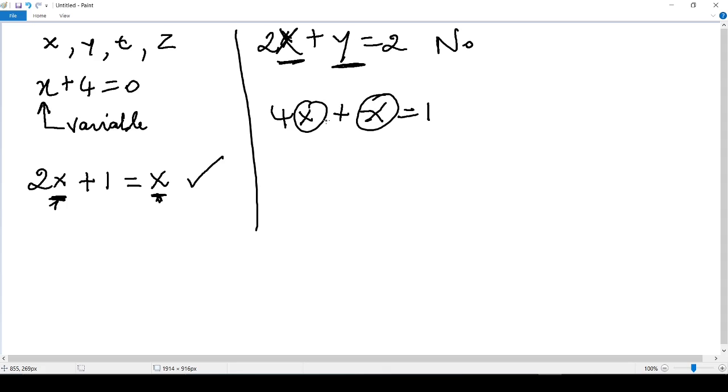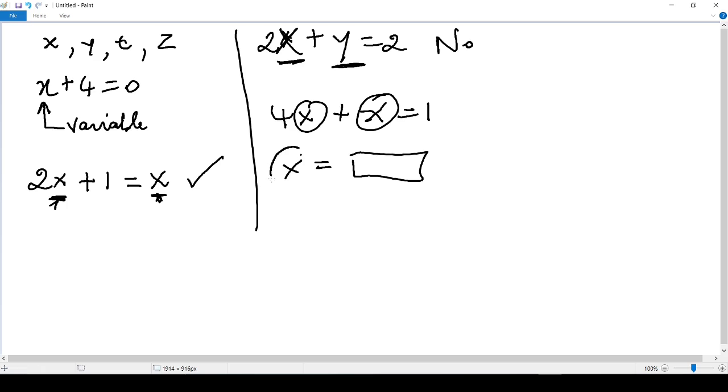Now that we know what equations in one variable are, let's solve some equations. Here, solving means finding the value of the variable in the equation. So if my variable in the equation is x, at the end of solving my equation, I should have x equal to some value.